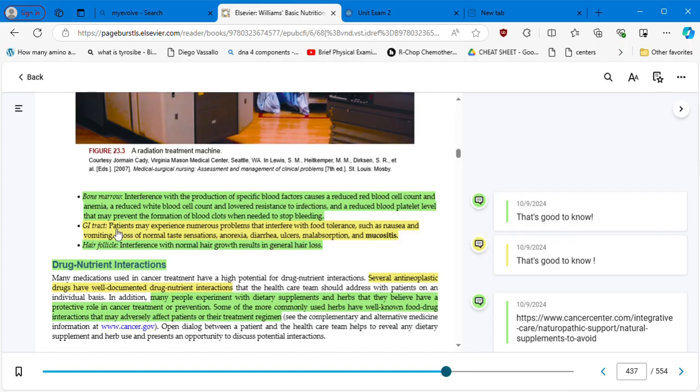In the GI tract, we're going to see patients that experience numerous problems that interfere with food tolerance, such as nausea, vomiting, a loss of normal taste, sensation, anorexia, diarrhea, ulcers, malabsorption, and mucositis. That's the creation of extra mucosity in the villi. Hair follicle interference with normal hair growth results in general hair loss.